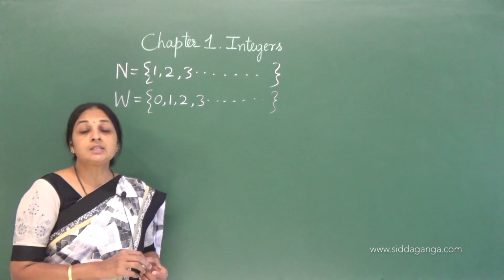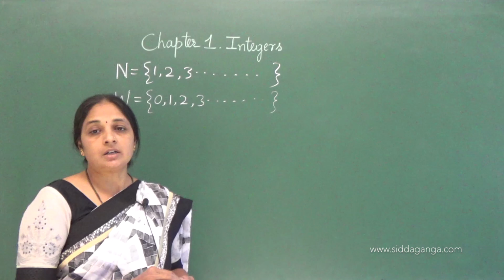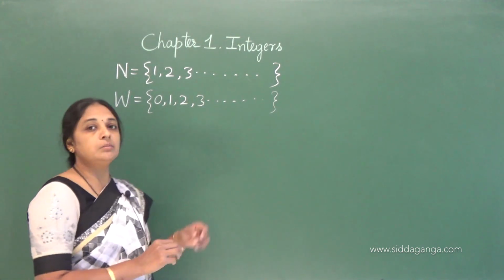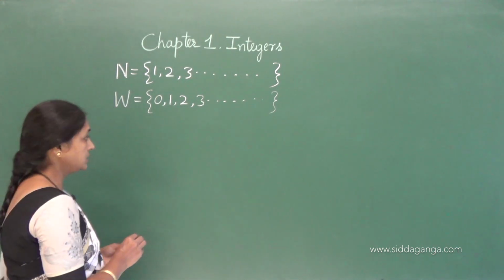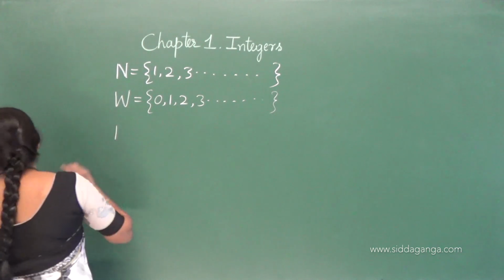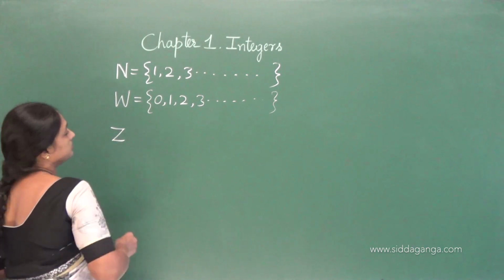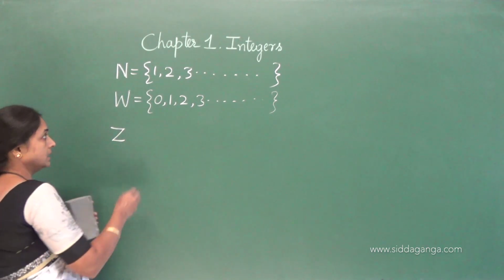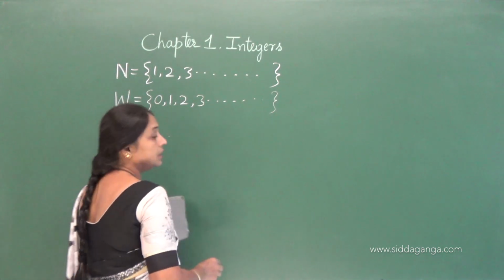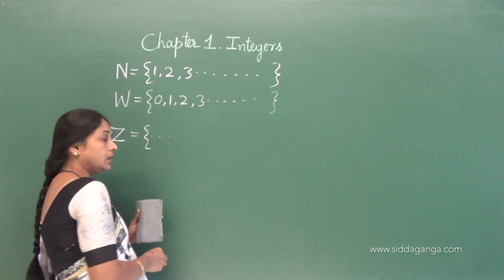Integers are a set of numbers, a collection of numbers with whole numbers and negative numbers. It is represented by the letter Z, which came from the German word Zahlen. It's a collection of whole numbers and negative numbers.